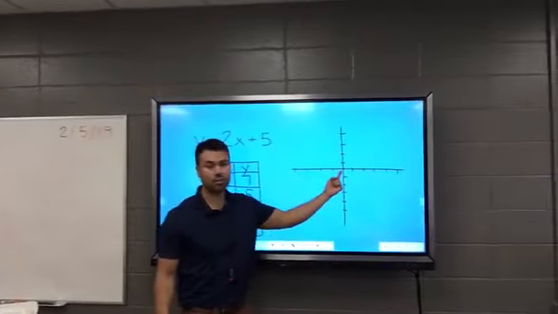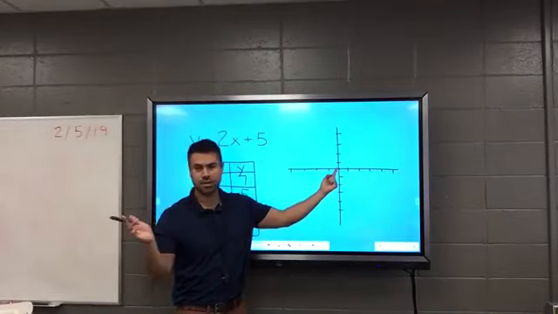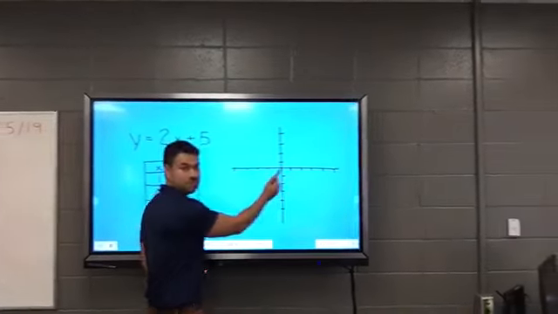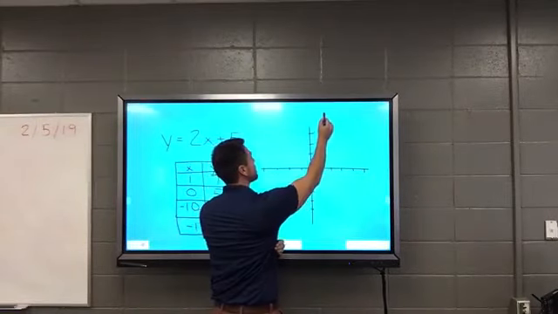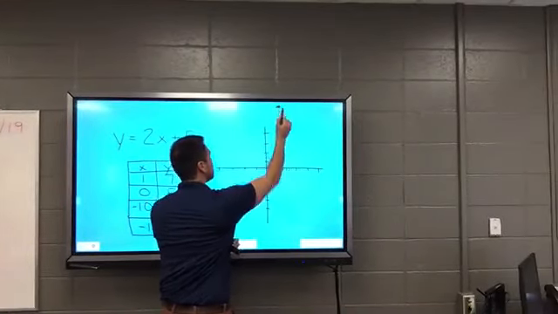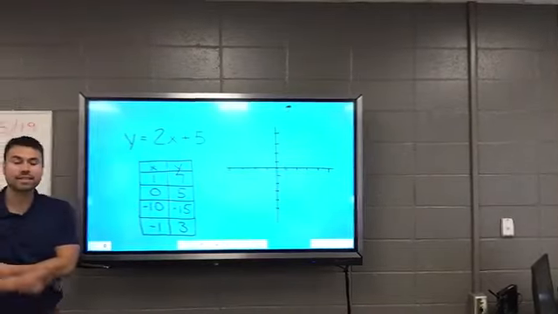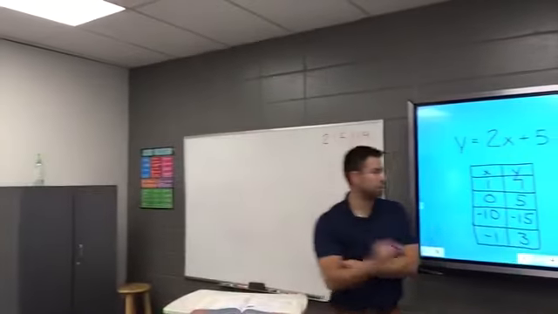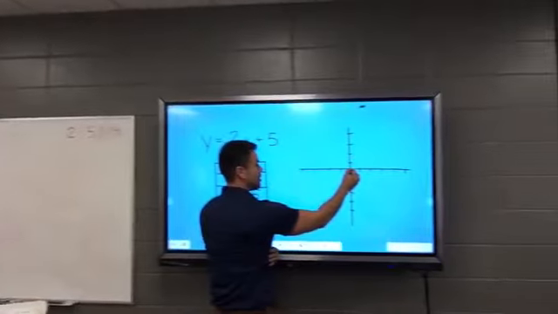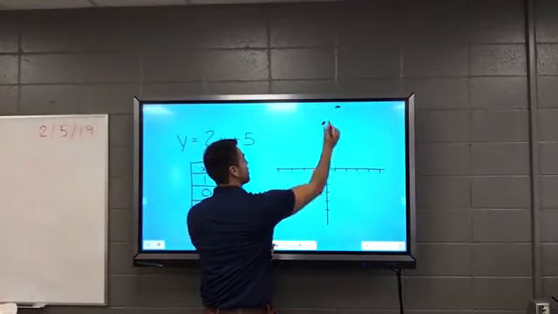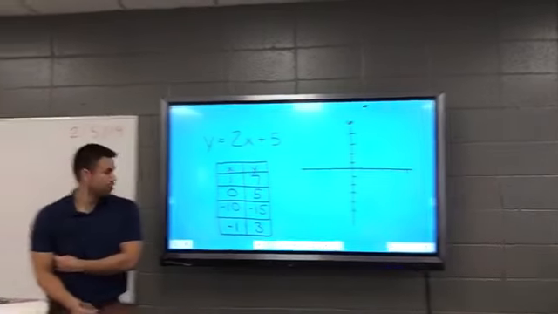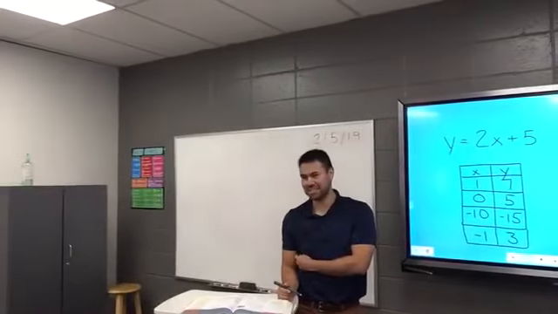Okay, 1, 7. Who could tell me where 1, 7 goes? Yes, go ahead. So 1 to the right, up 7. 1, 2, 3, 4, 5, 6, 7. So somewhere up there. Okay, someone give me how to get to 0, 5. Go ahead. And then go up 5. 1, 2, 3, 4, 5. All right. And somebody tell me where to go for -10, -15.